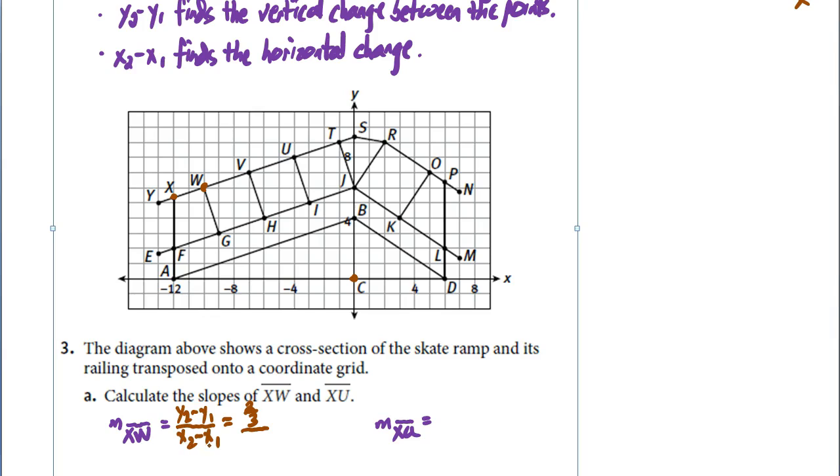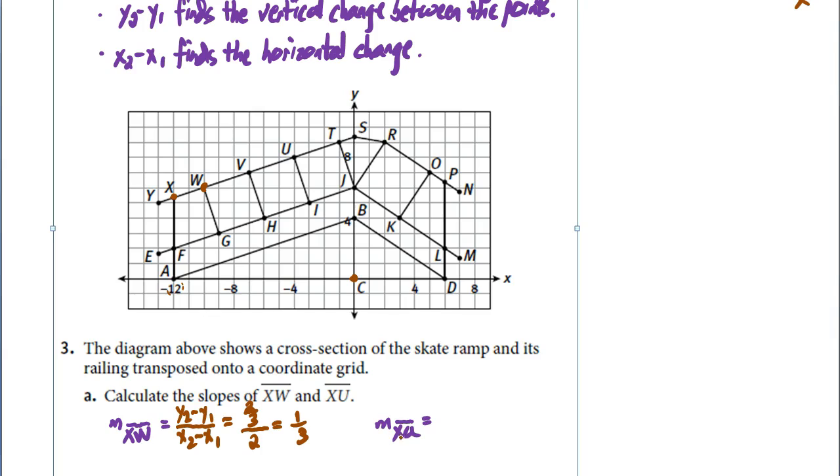Now, the difference between the x coordinates. This x coordinate is at -12. This x coordinate is at -10. But what's that horizontal change between those two brown dots? It's 2 units. And 2/3 divided by 2 is 1/3. So our slope is 1/3, or a 1:3 ratio.